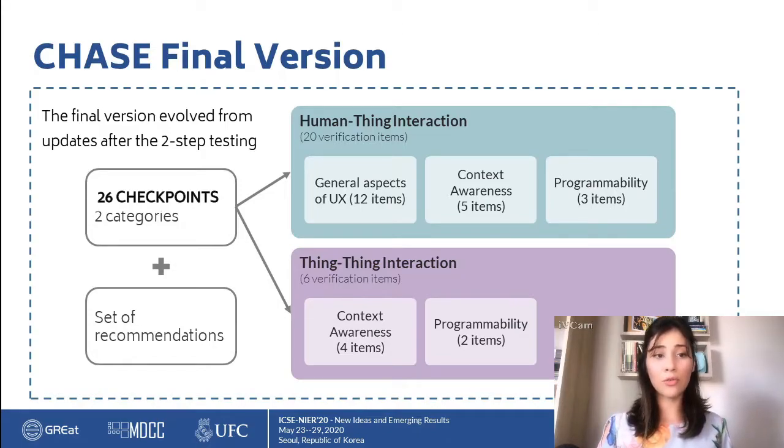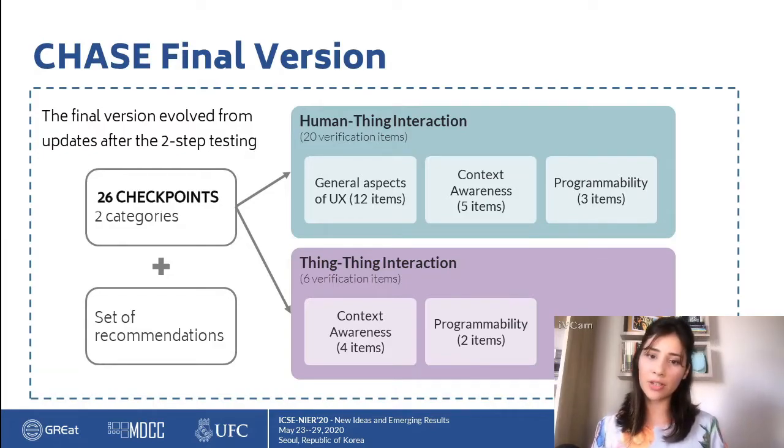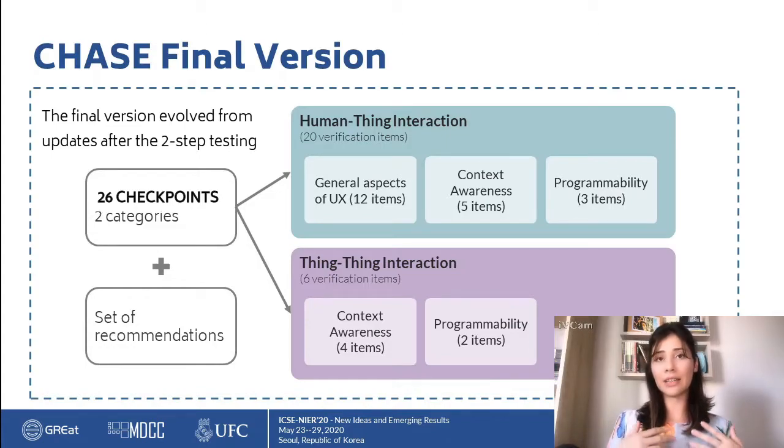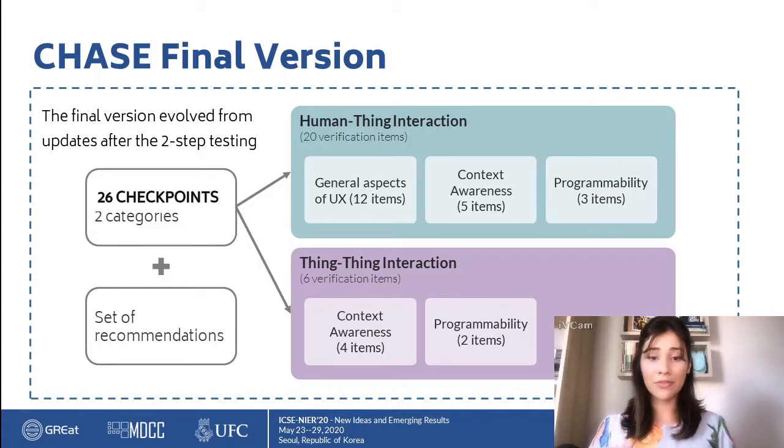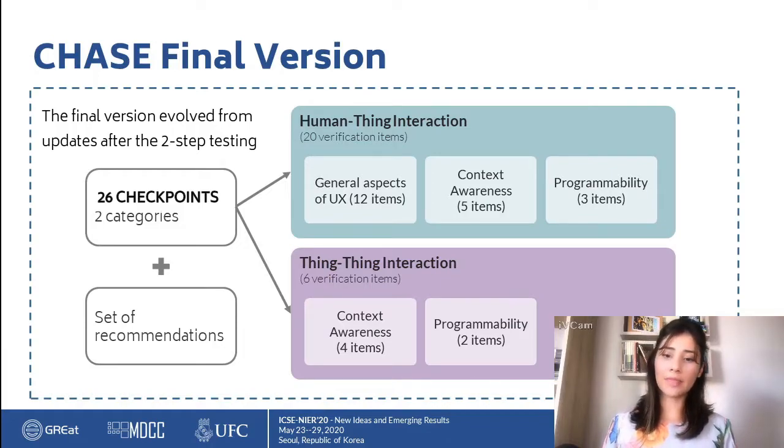We have also 5 modules: general aspects of UX, which is exclusive to the human-thing interaction category, and it's intended to evaluate user satisfaction, user control over the IoT aspects of the application and the environment, the user's perception of utility, and so on.